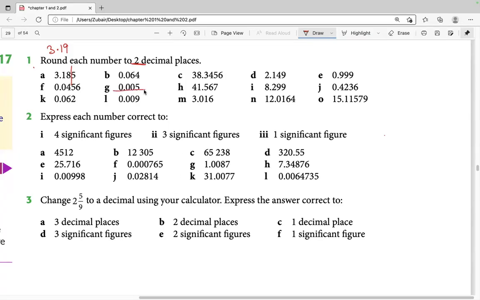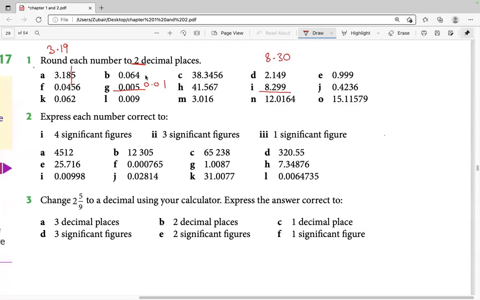What is this number up to 2 decimal places? G part. 0.01. Correct. Okay, 2 decimal places, I part. 8.3. Answer is correct, but we will write 8.30.